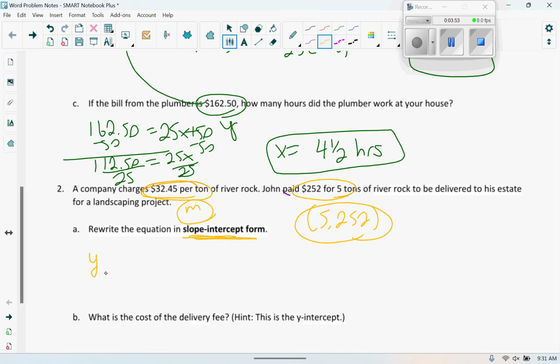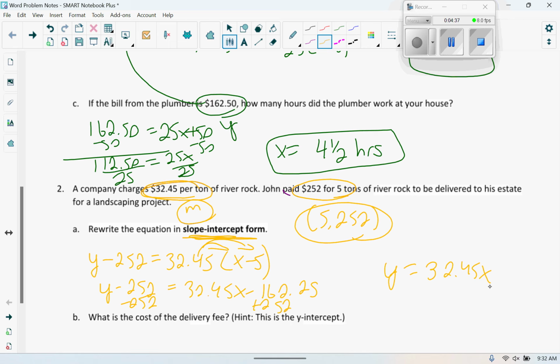Basically what I'm going to do is distribute this 32.45 and then solve for y, and then add 252 to that. And I end up with y is equal to 32.45x plus 89.75.